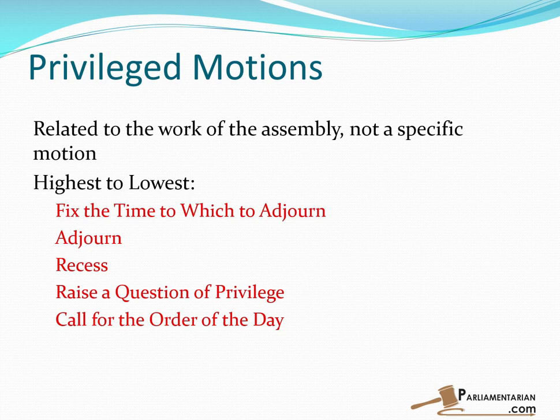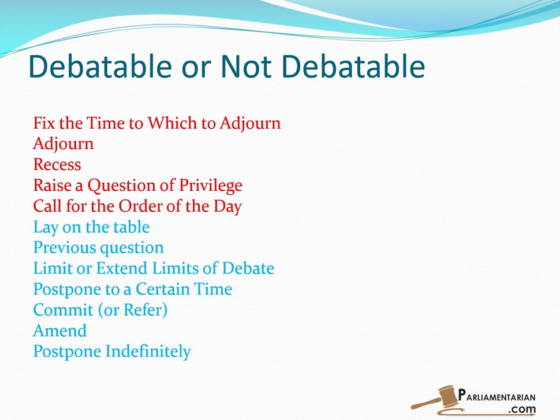So if we stack these up now in order of priority, all the subsidiary motions are below the privileged motions, and these are in order. So, for example, the same rule applies: if a motion to postpone to a certain time is on the table, then it is also in order to move for a recess or to adjourn because it's above or higher in the list.